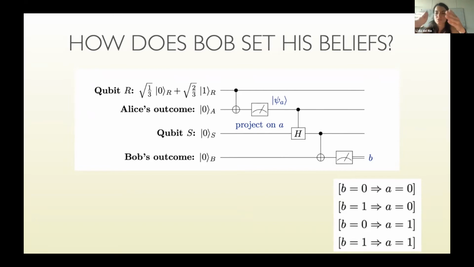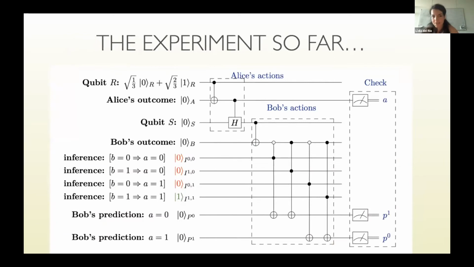And from this, he now has these tables of possible combinations of B and A. And from this, he just makes the classical inference like we did before when we were thinking ourselves about the experiment. The only thing I can say for sure is that if B equals 1, then A equals 0. So then he goes back and starts before. Now, when he goes into the actual experiment, he sets his brain's inference registers to this value, meaning that 1 is the only one he believes to be true with certainty.